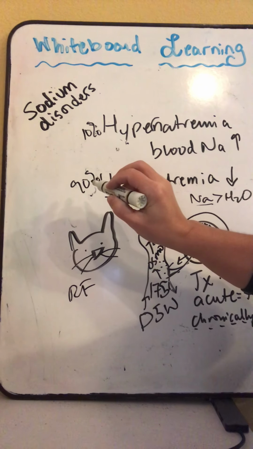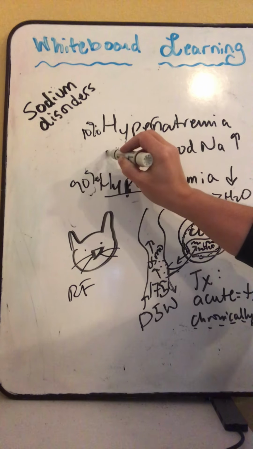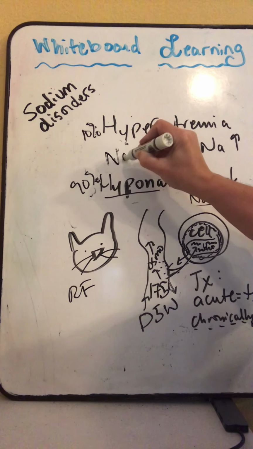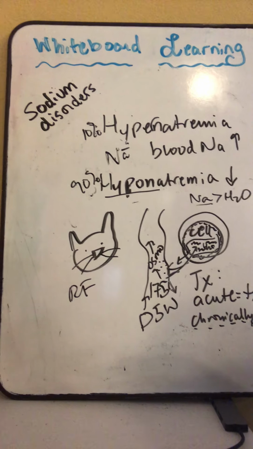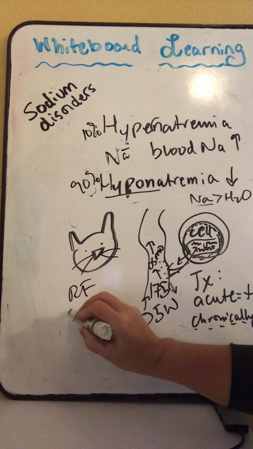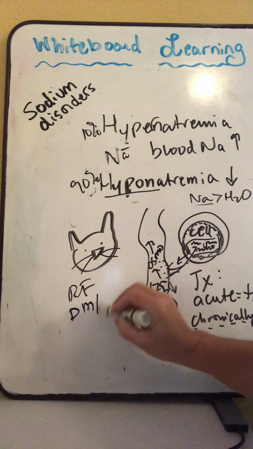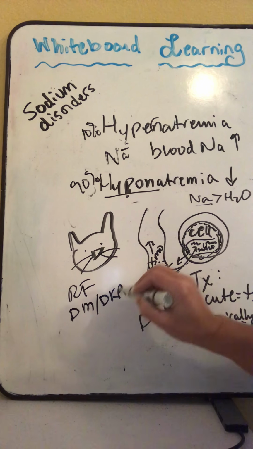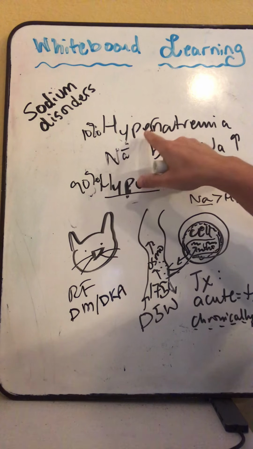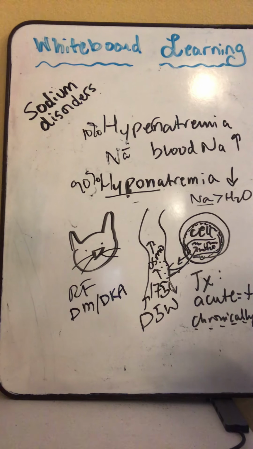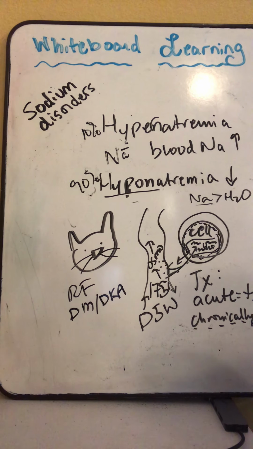And there are some that are also normal with their sodium as well. But as far as the ones that have messed up sodiums, the other ones are diabetics. So diabetics or diabetic ketoacidotics. Most of them, if they're going to have a sodium problem, have a low sodium, but some are hypernatremic. And those are the most common chronic diseases.